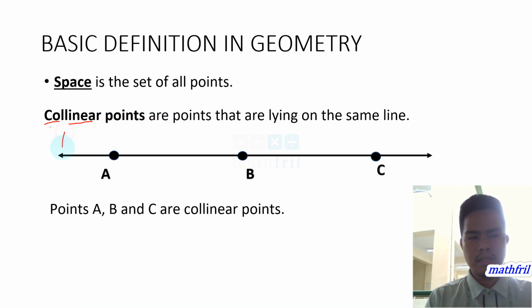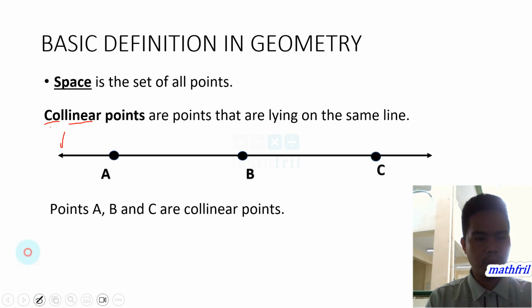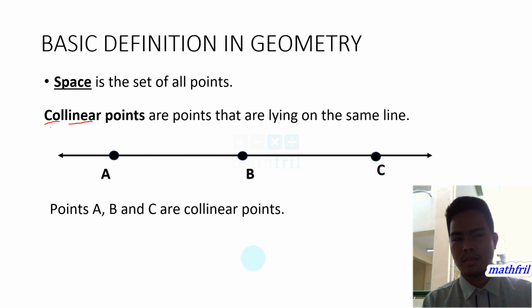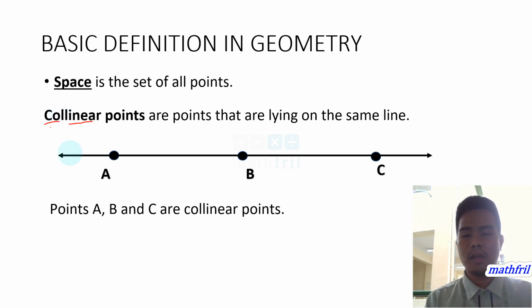So this is what the concept of collinear points is all about. The illustration you can see here on the screen, A, B, and C are collinear points. So we already have two definitions or two terms, space and collinear points.